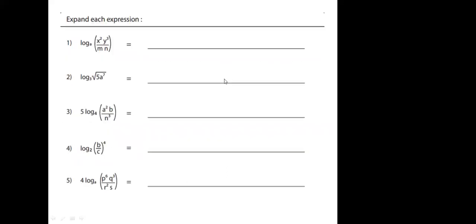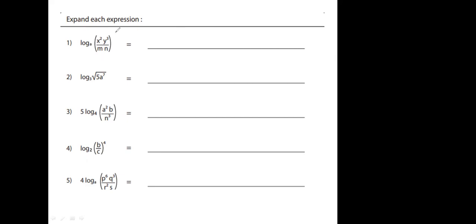Okay, now we have some exercises. So now we have the short form. We want to solve the expressions by expanding them, because like that they will be easy to solve, and these are usually hard to solve.